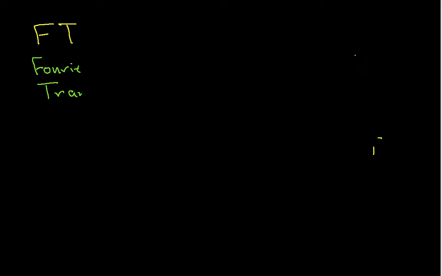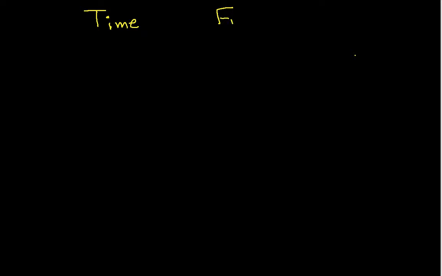So let's make all this alphabet soup go away, and let's build a table. In fact, the purpose of this video is pretty much to build the following table. I will have a couple of columns that relate to time, and I'll have a couple of columns that relate to frequency.